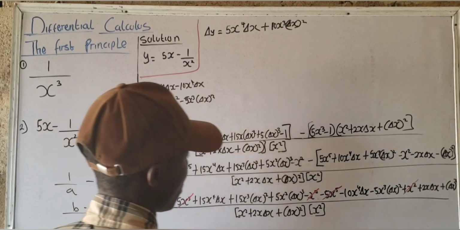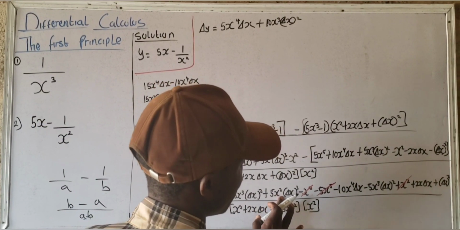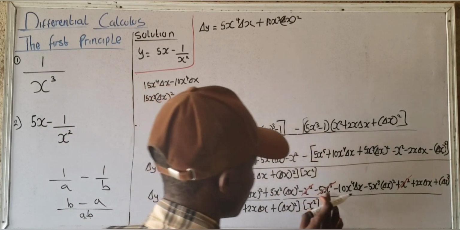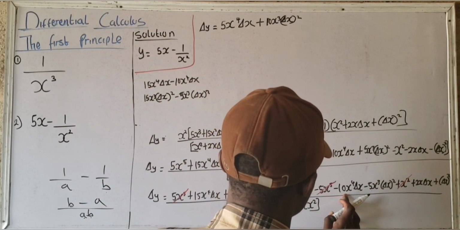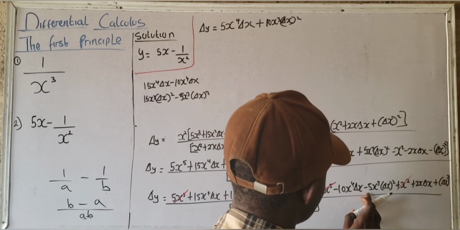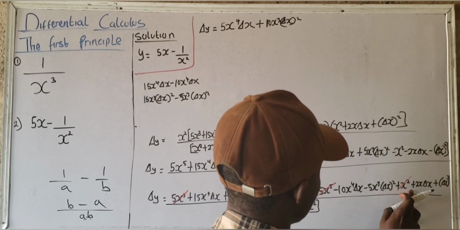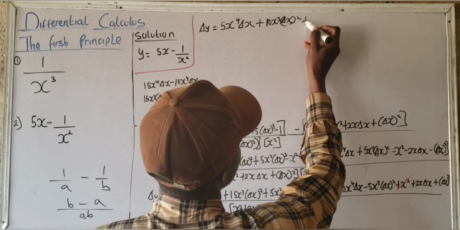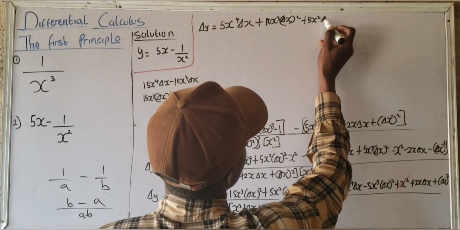Okay? So we are done with this as well. Do we have anything like 5x squared delta x cubed? There is none. So we proceed as plus 5x squared delta x cubed.